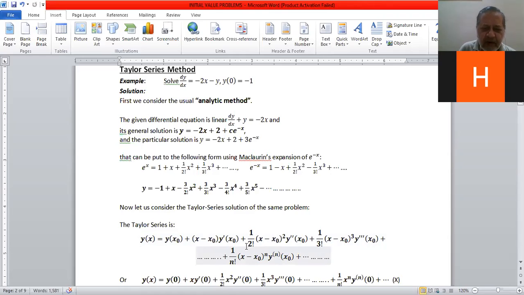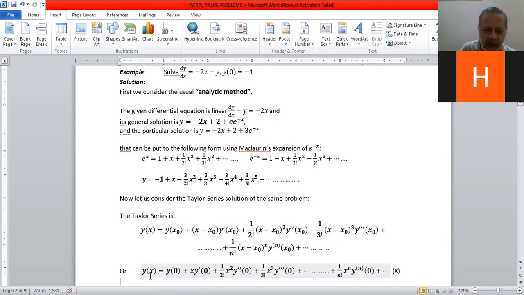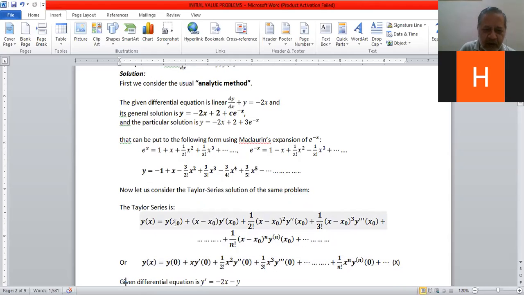If all order derivatives of the given function exist at x is equal to x naught, we write down the Taylor series. But if the derivatives are available at x is equal to 0, so x naught is replaced by 0, what we get is the Maclaurin's expansion.